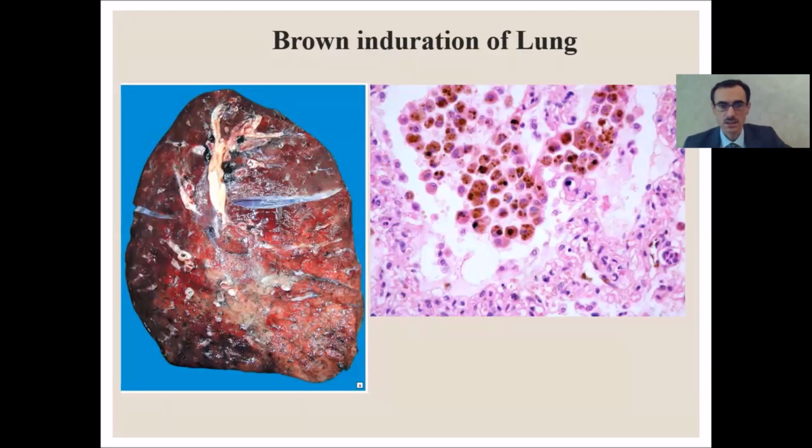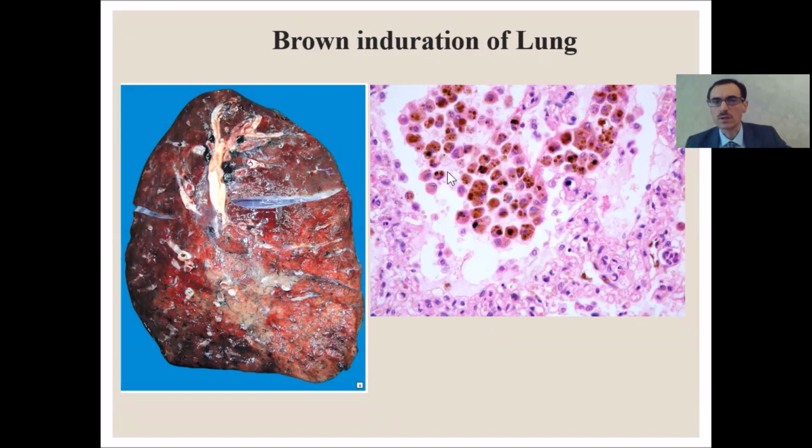Now you see the slides, the gross view of the lungs during venous congestion. We call it the brown induration of the lungs, because in the lung parenchyma we see siderophages, macrophages that engulf the hemosiderin.